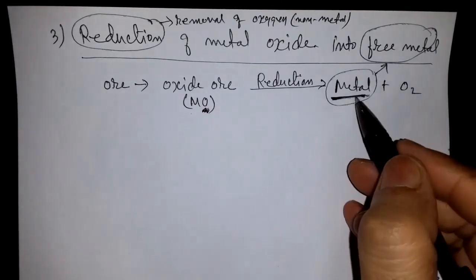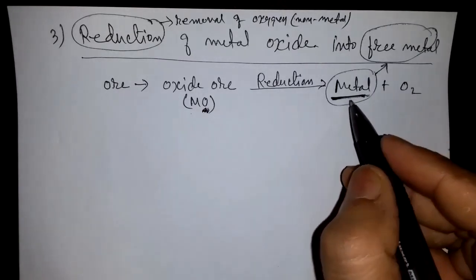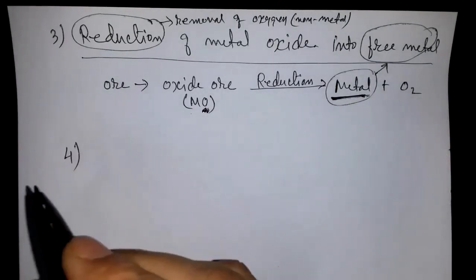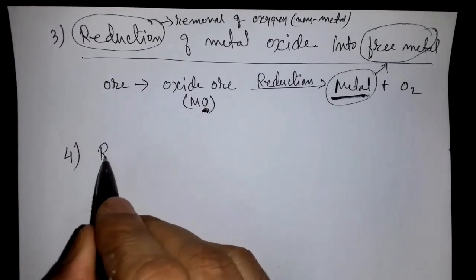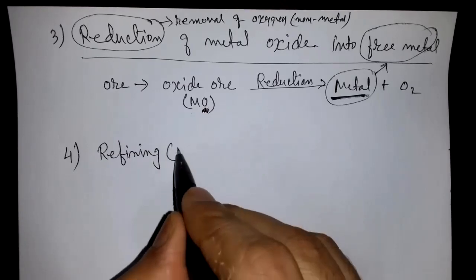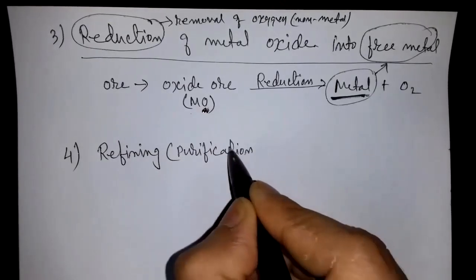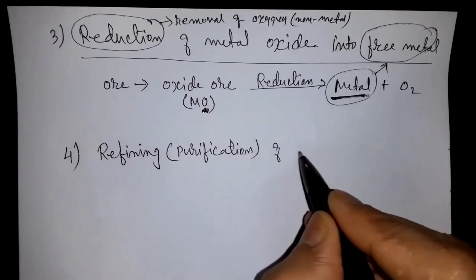It may still have some impurities, so we have to make this metal pure. So the fourth step is refining, sometimes called purification also, of impure metal.